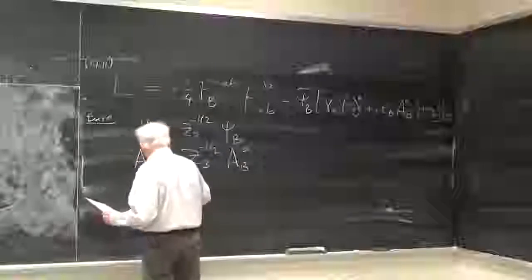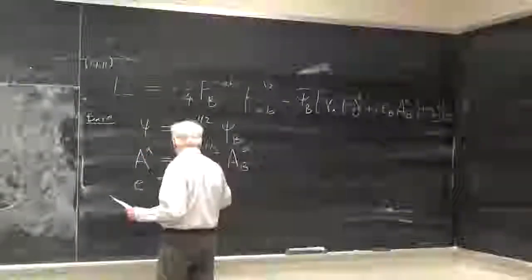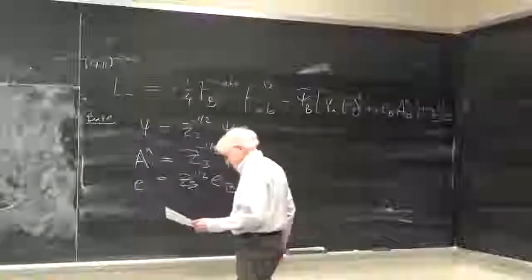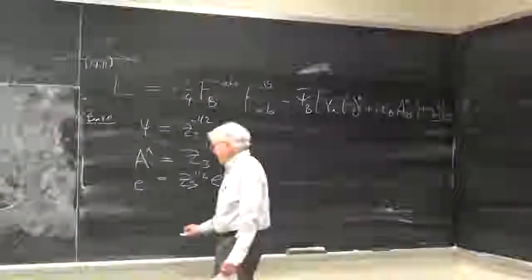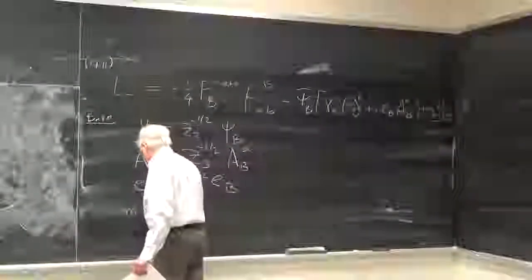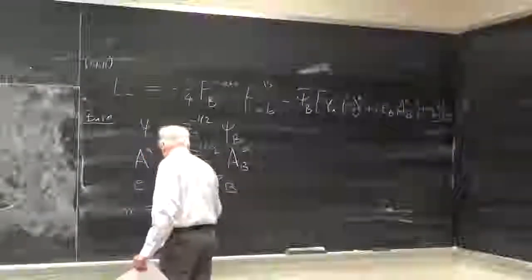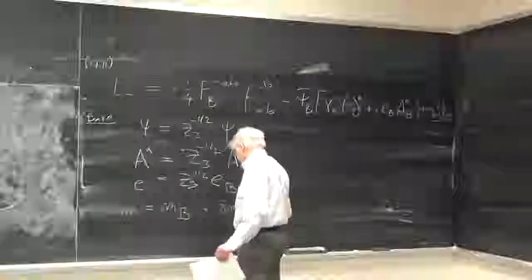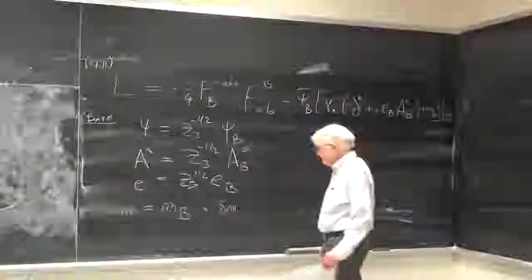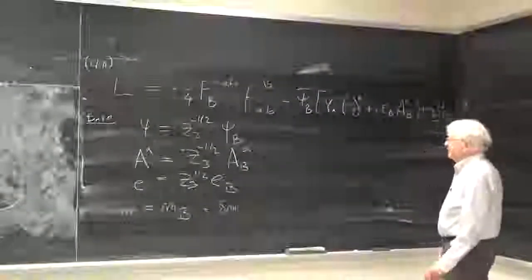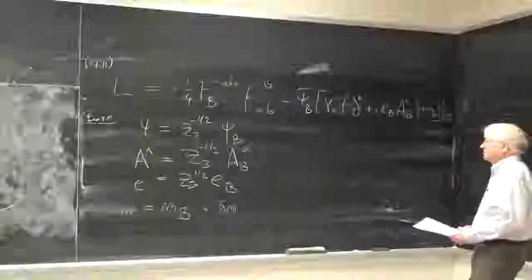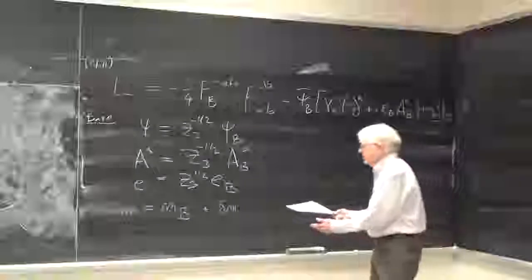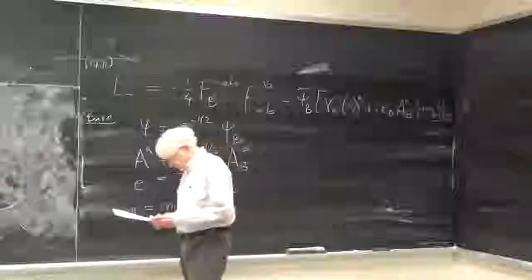And finally M is an infinite mass plus an infinite correction. So that's the picture. We're going to rewrite the Lagrangian in terms of these quantities.